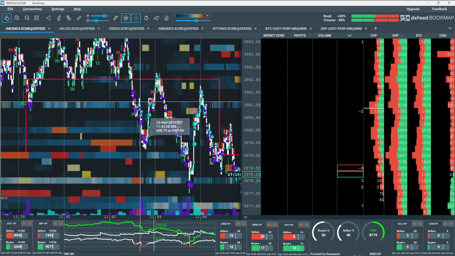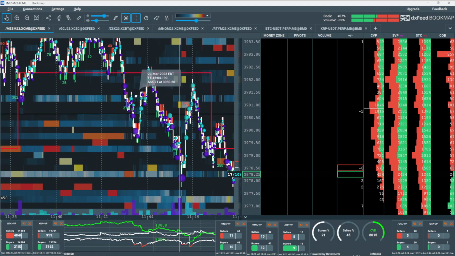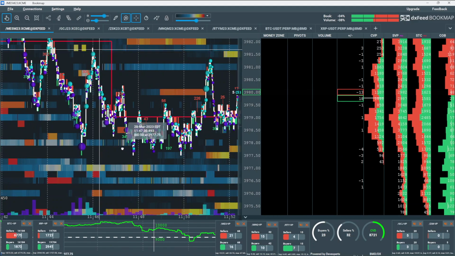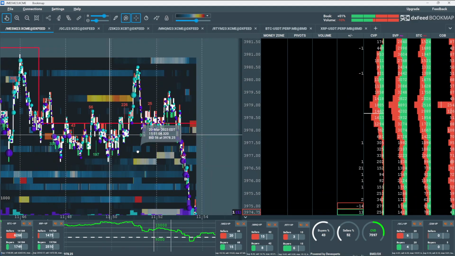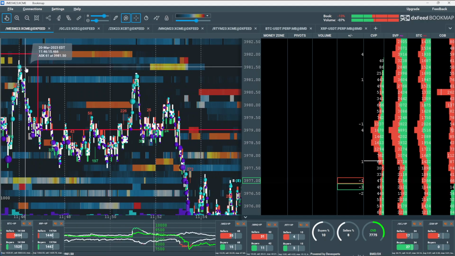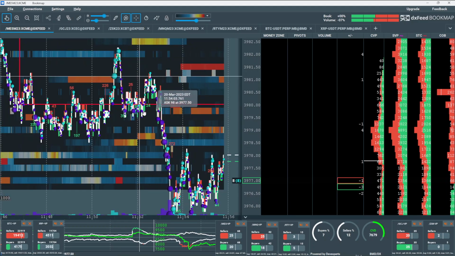Around here, when we broke down and pulled back up around 11:45, at 39.81, I entered short again, added to the position, and then we just started to break down, losing that red POC line, the trace counter POC line.